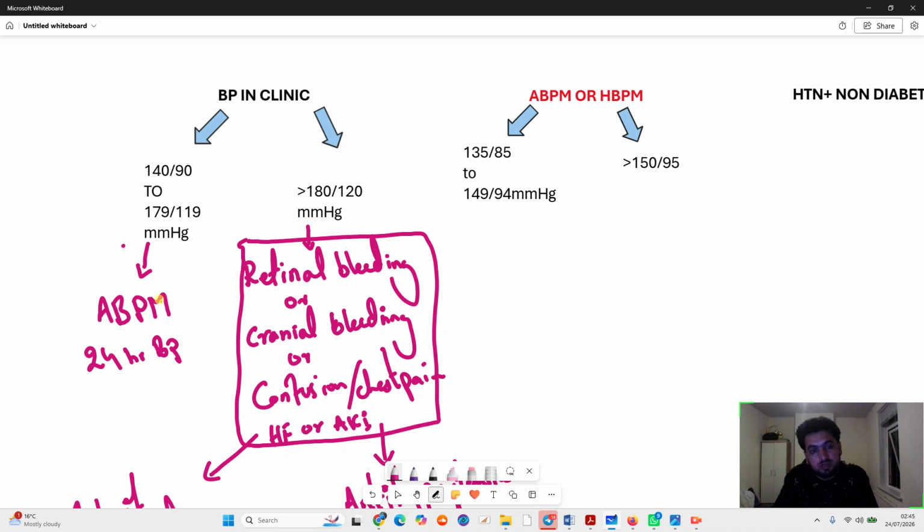Now, if you advise the patient ABPM and he comes back to you with these two ranges, how can you deal with that? If the ABPM, ambulatory blood pressure monitoring, or the home blood pressure monitoring ranges from 135/85 up to 149/94 mmHg, this is stage 1 hypertension.